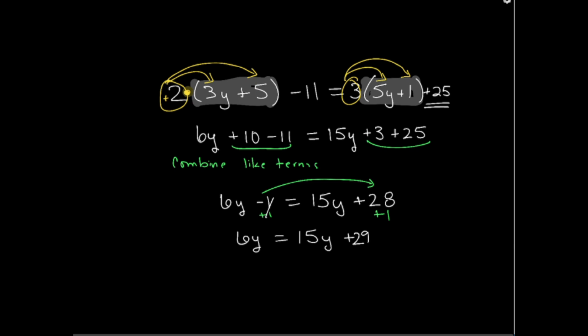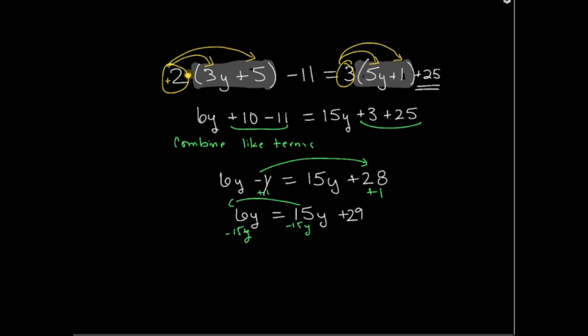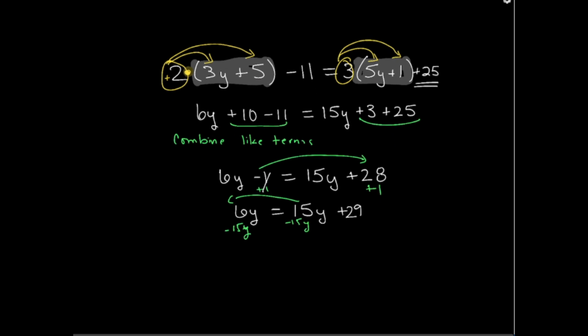Now I take my 15 and move it over. I do that by subtracting 15y from both sides. And I have 6 minus 15. So watch your signs with this one. The 15 is larger, so that means that my answer is going to be negative.